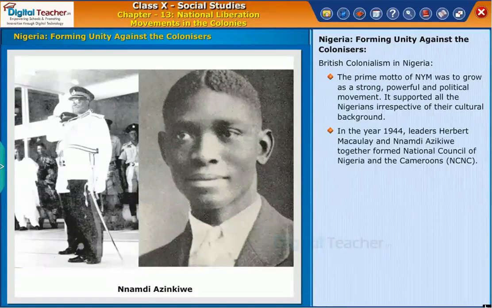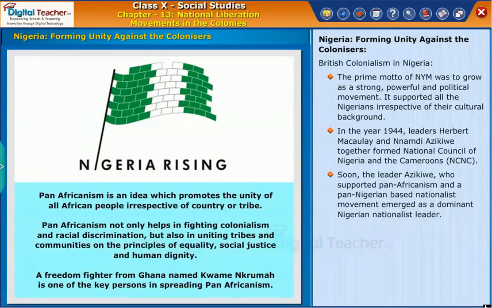In the year 1944, leaders Herbert Macaulay and Nnamdi Azikiwe together formed the National Council of Nigeria and the Cameroons, NCNC. Soon, Azikiwe, who supported Pan-Africanism and a Pan-Nigerian-based nationalist movement, emerged as a dominant Nigerian nationalist leader.